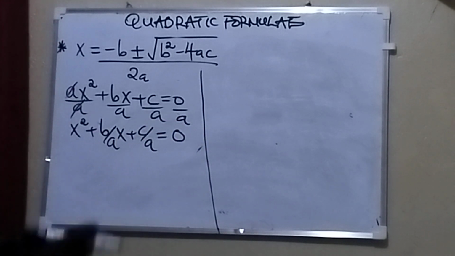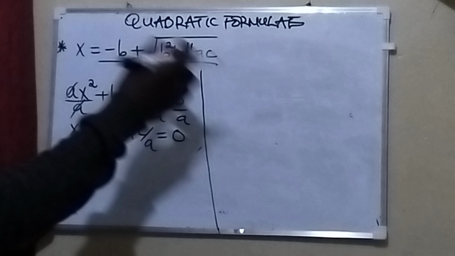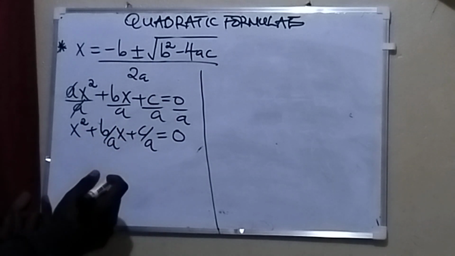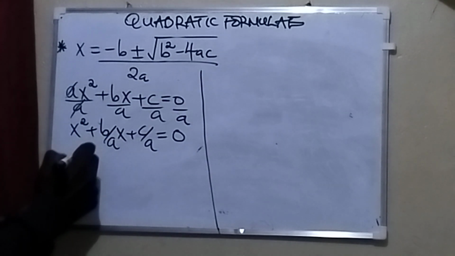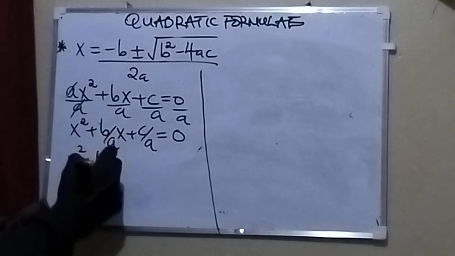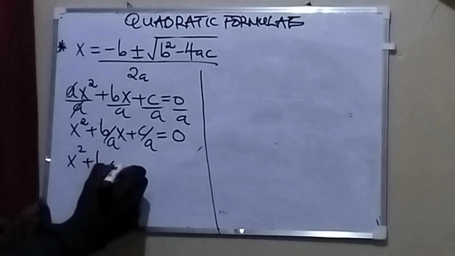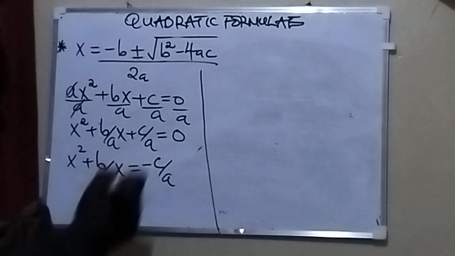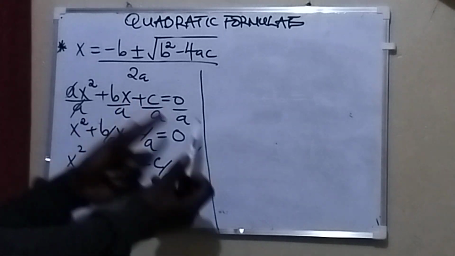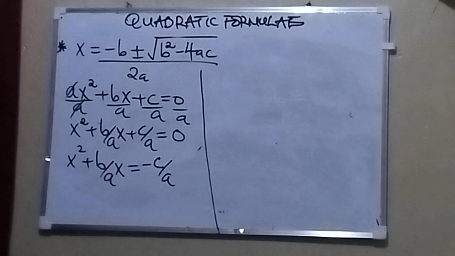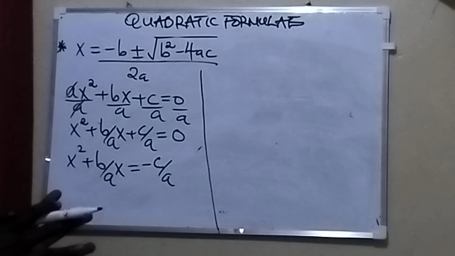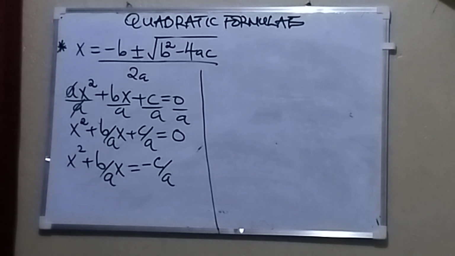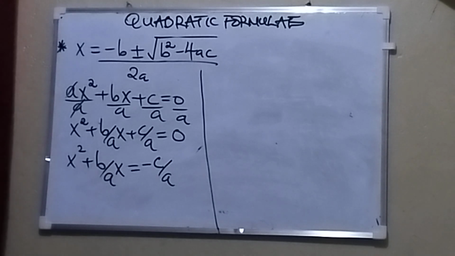Now you take the constant term to the other side. c over a is the constant, so you take it to the other side. You'll have x squared plus b over a x is equal to negative c over a. The positive goes to this side and becomes negative. Now, at this point, we use the method of completing the square to get the value of x.